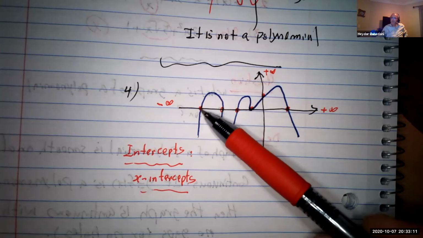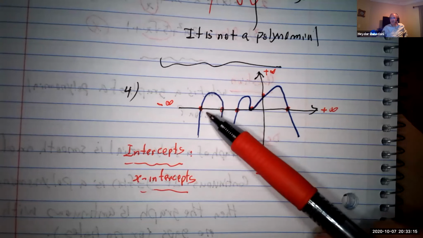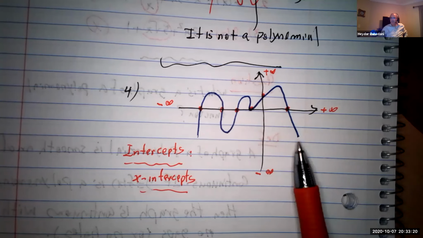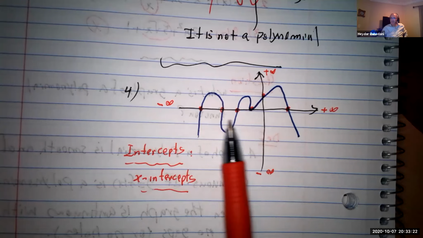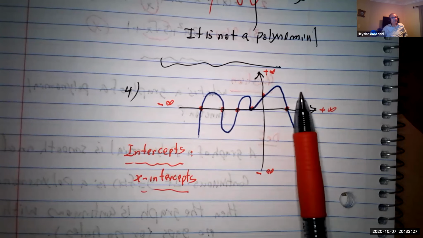Now look at this point over here. When we get to this intercept, the graph of the function crosses the x-axis. It crosses because the bottom one, y, is negative, but when you go on the top, y is positive.